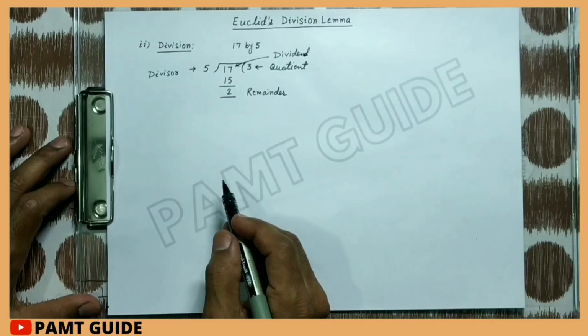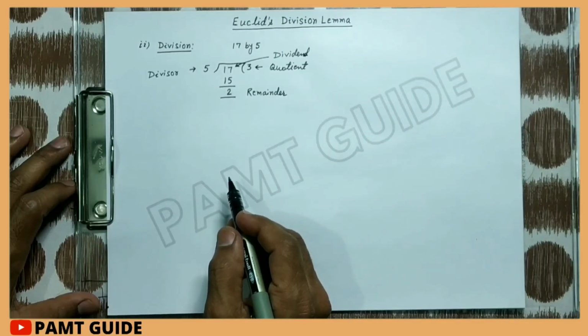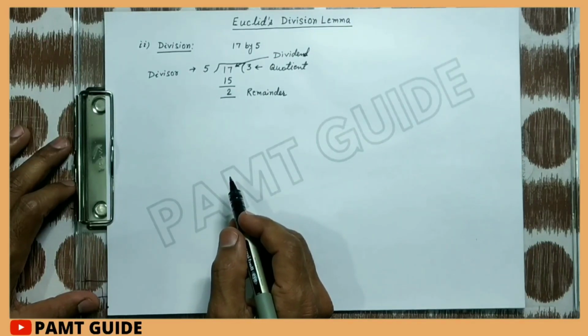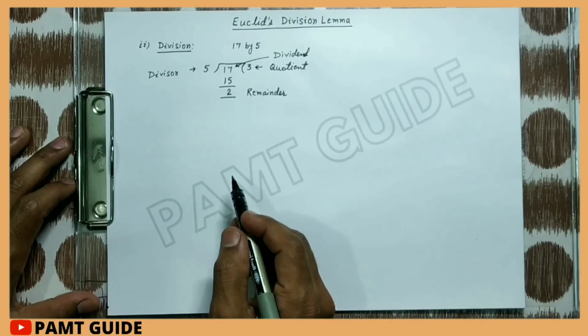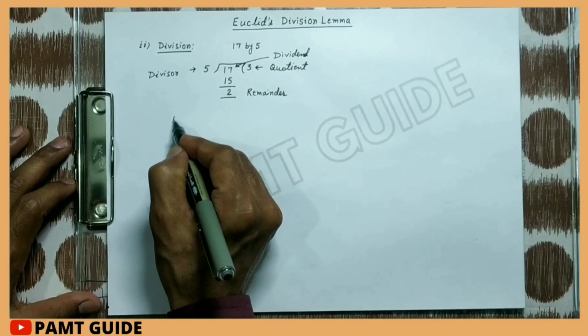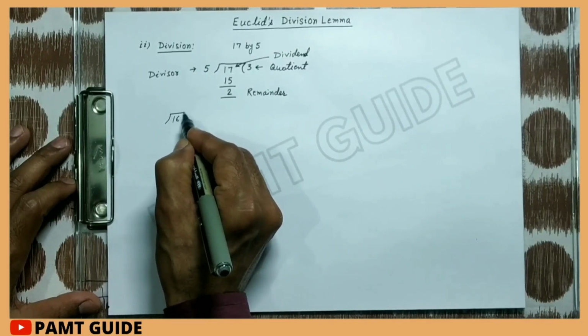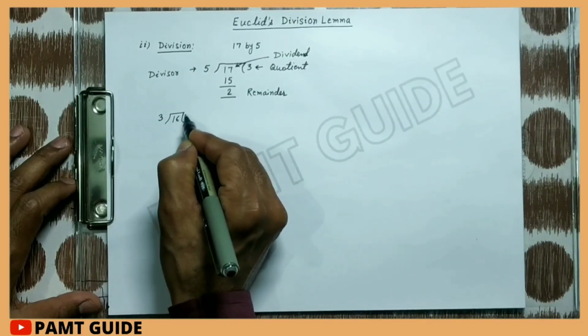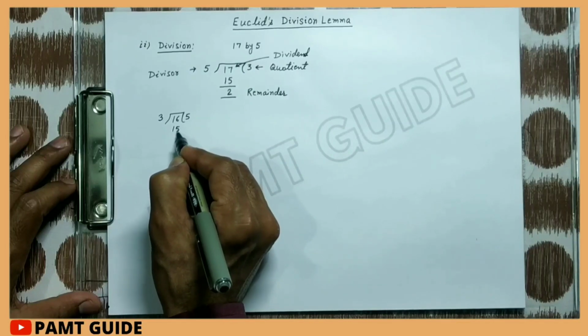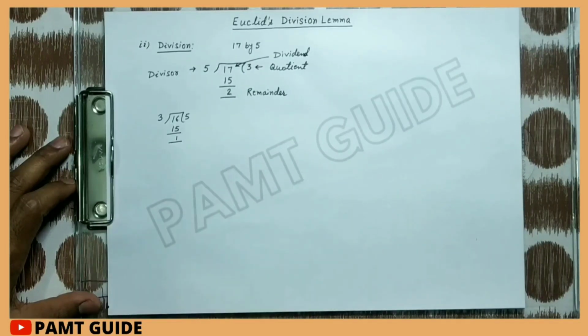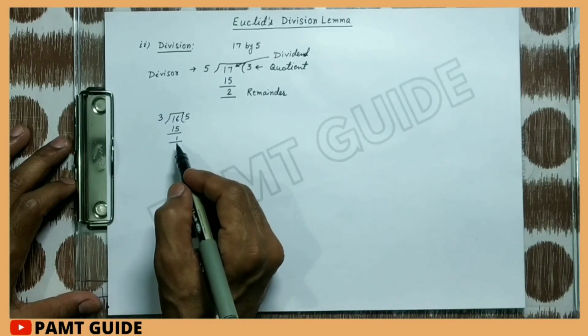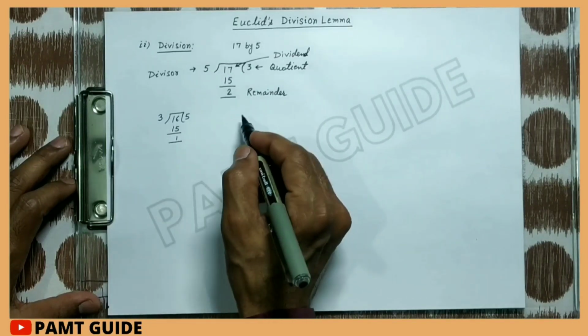And it should be remembered that the remainder is always less than the divisor but greater than or equal to 0. For example, if we divide 16 by 3, then 3 fives are 15 and the remainder is 1. When we subtract 15 from 16, we get remainder 1.